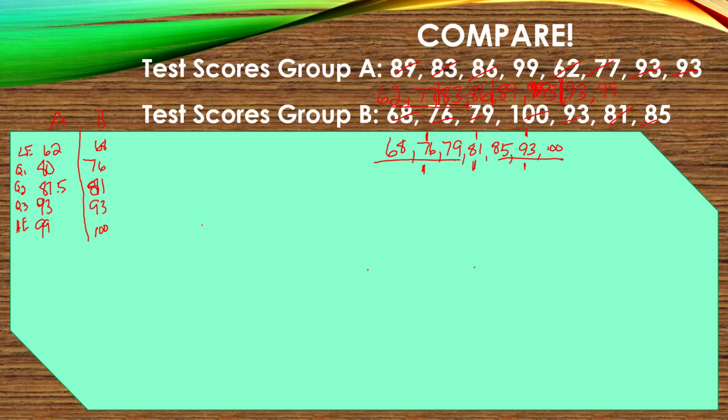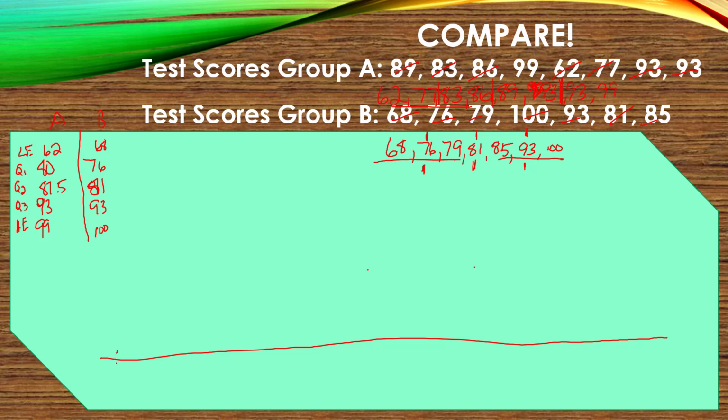Now, just looking at our chart, we should start to see some similarities and be able to draw a comparison, but we're going to now make a box and whisker. Notice with the box and whisker, I need my number line to go to the lowest value in both sets and the highest value in both sets.